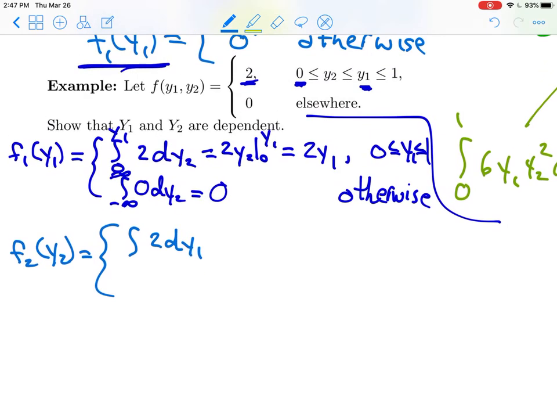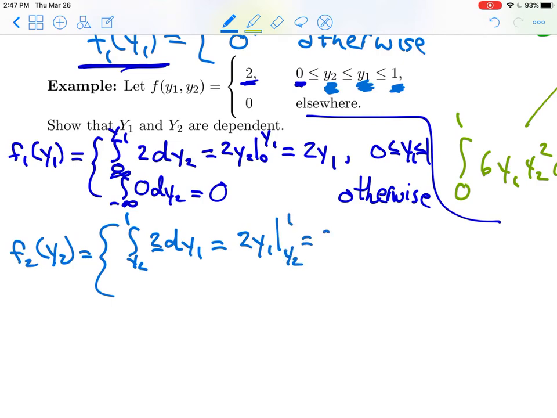And so what's true about our y1 here? So our y1 up here is less than or equal to 1, but it has to be bigger than the value of y2. And so our upper limit is going to be 1, but our lower limit is going to be y2. So we're integrating this with respect to y1. So when we integrate the constant 2 with respect to y1, we get 2y1. But we are integrating that from y2 up to 1.